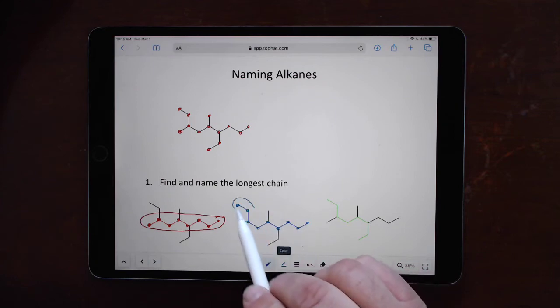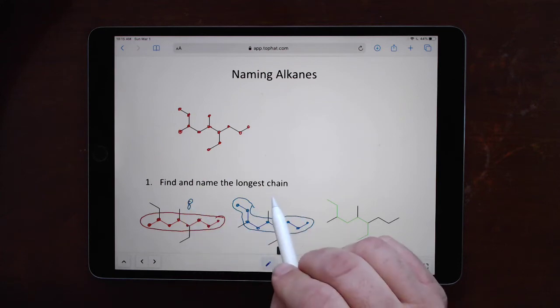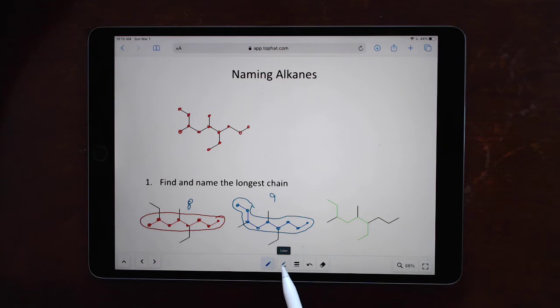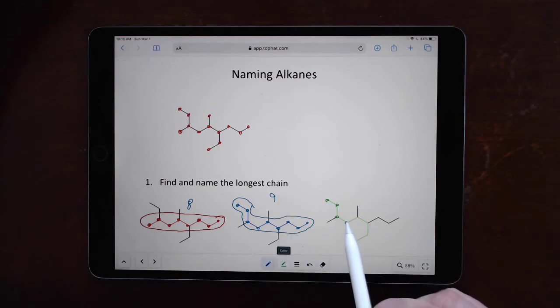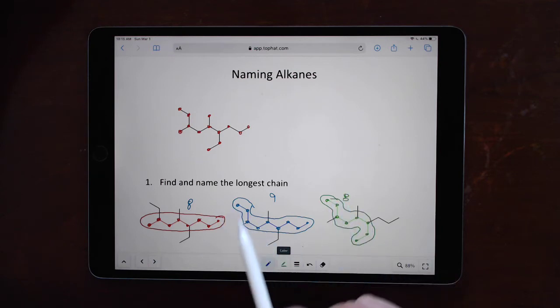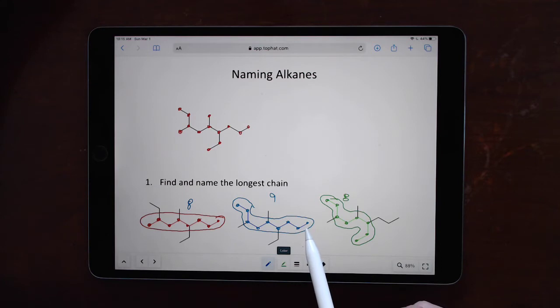Ooh, right? So this one's 8, but this one's 9. Now let's try this one. We could also do this one, 1, 2, 3, 4, 5, 6, 7, 8. Well, that's not going to do us any good, it says 8. So we're going to want to use these blue carbons here as our main chain.